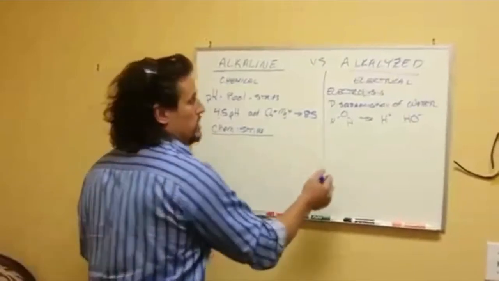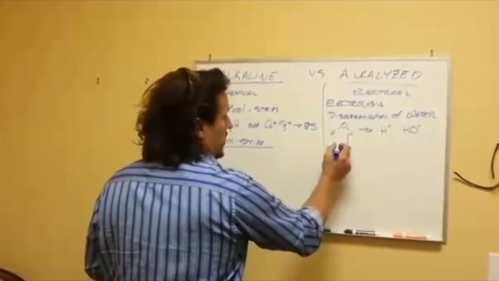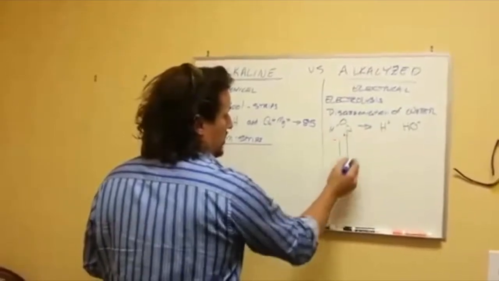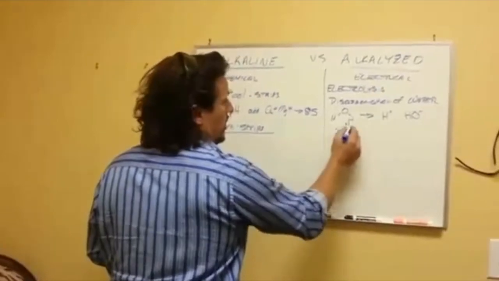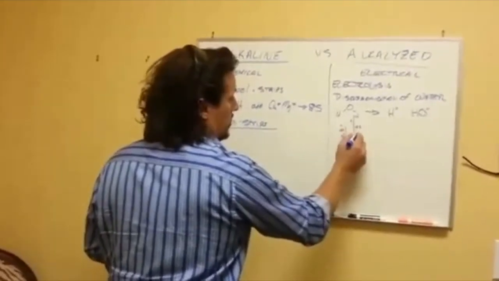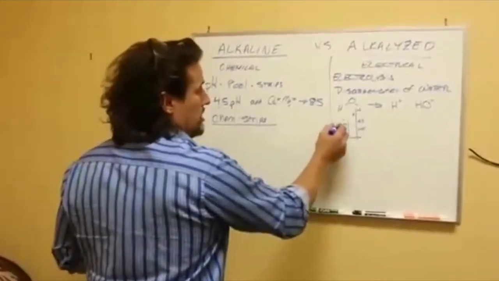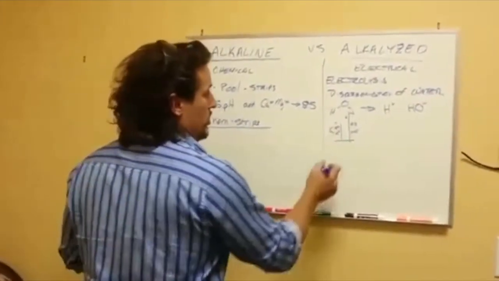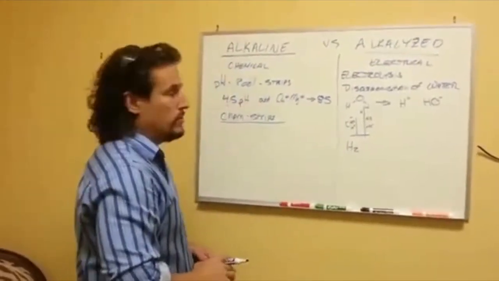But when this process happens, there's an array which has a negative side and a positive side. This will attract the hydrogen ions. The hydroxyls will come over here. Well, when this happens, because they're so unstable, they will instantly convert to H2, which is hydrogen dissolved in water.